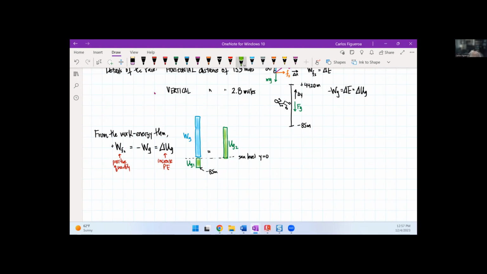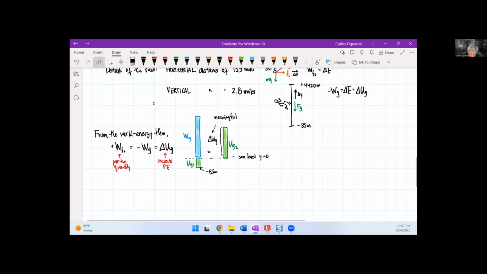Now we can see that if this is 1 and this is 1, 2, 3, 4, then this whole quantity right here is the change in gravitational potential energy. And as we said before, this is the only meaningful thing we could talk about with the energy here.